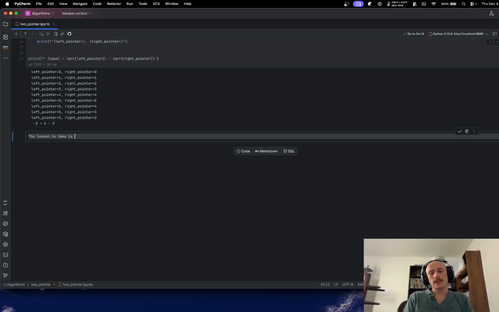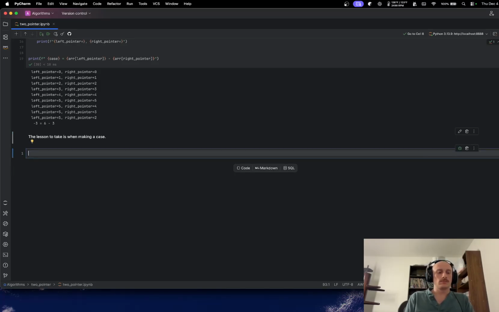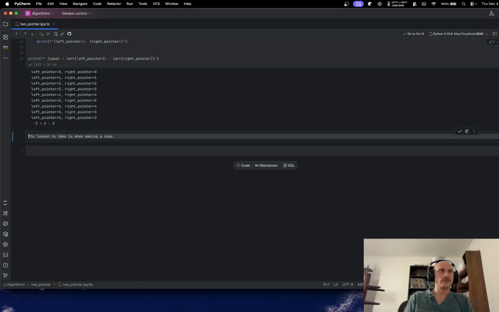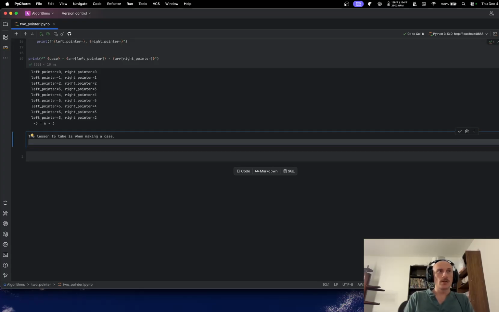The lesson to take away is when making a case, ensure that you understand how or what values or pieces of information lead to the case.